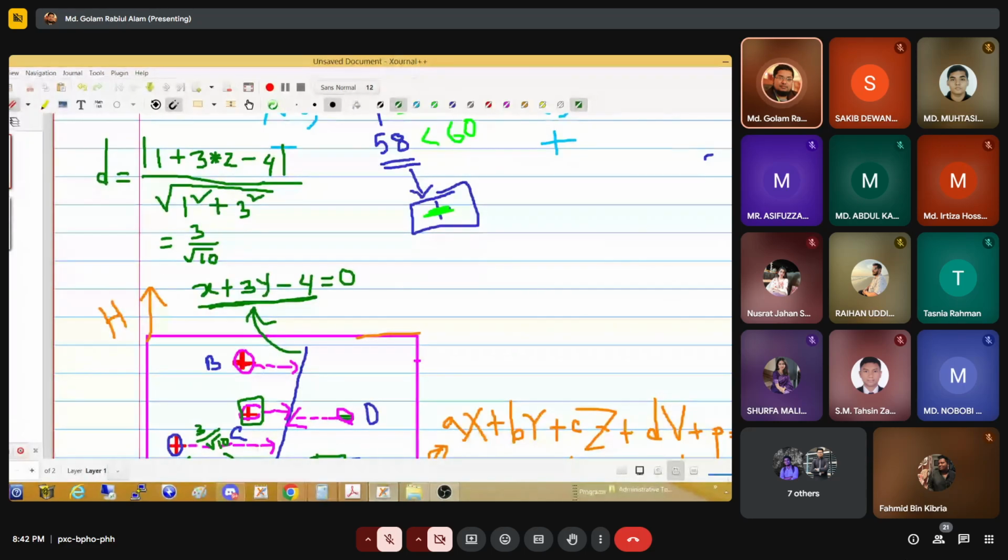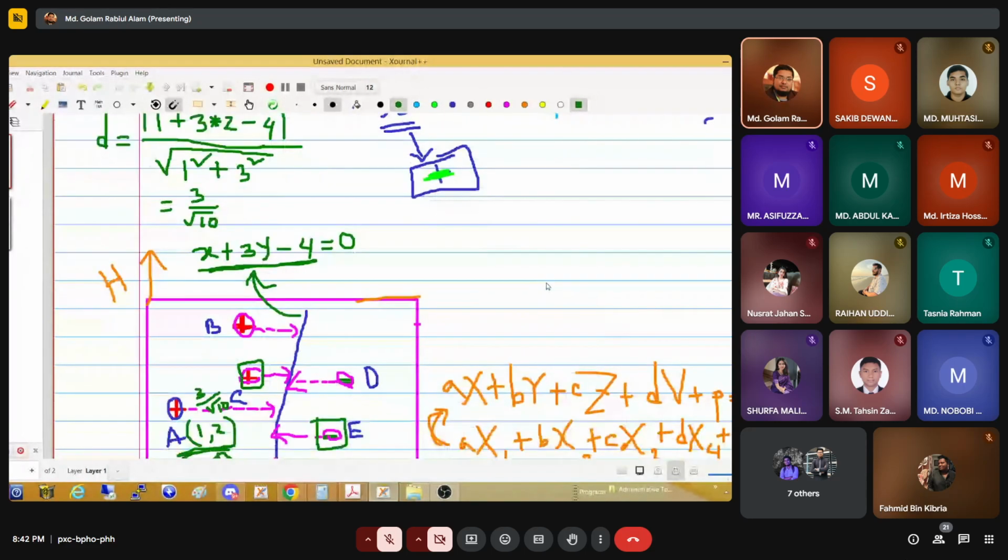For that case, instead of our line equation, consider we have the hyperplane equation. The hyperplane equation is W transpose x plus b equals 0.